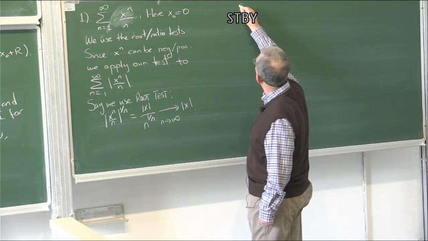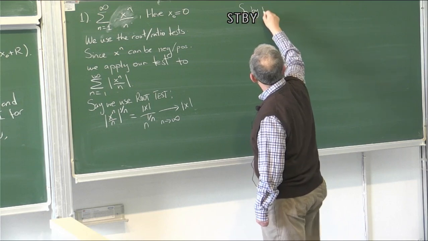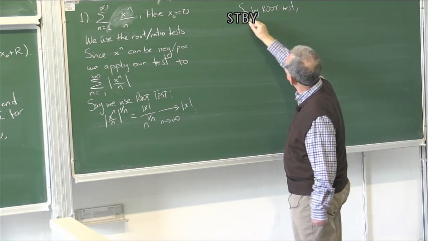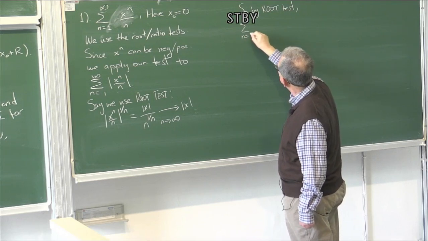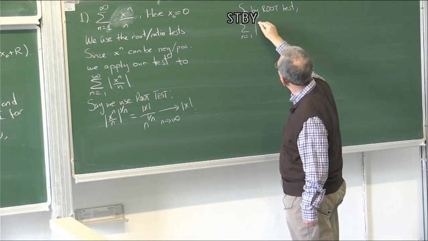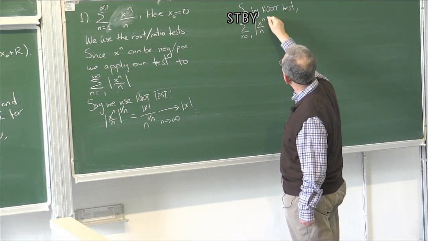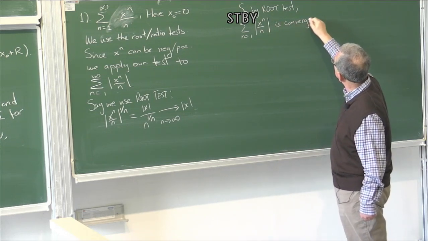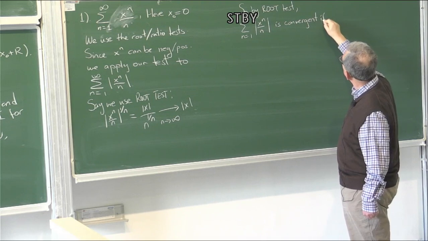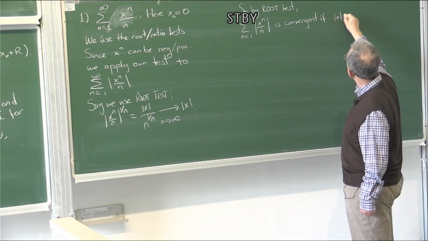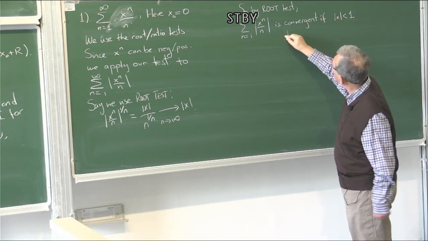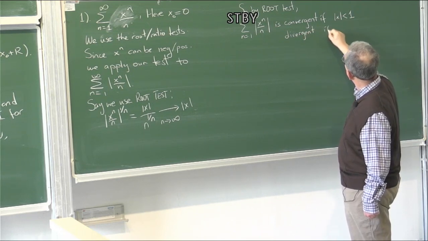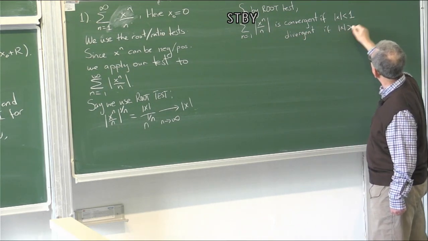So, by root test, the series absolute value x to the n over n is convergent if the limit is strictly less than 1, and it is divergent if x is greater than 1.